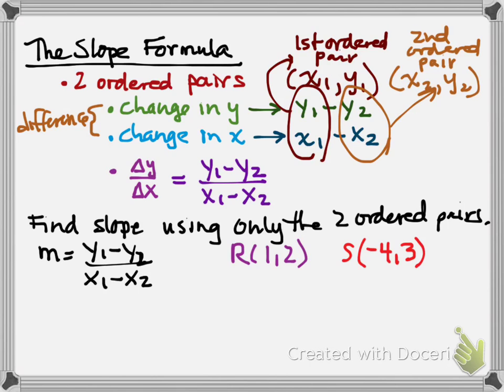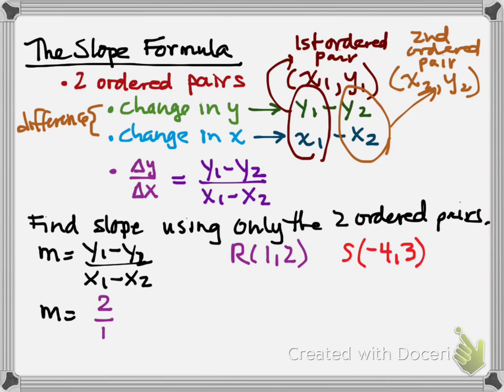So for ours, slope equals our first point, 2 over 1. That's my y on top, my x on the bottom, and they come from the same ordered pair. That ensures what I circled above, y sub 1 over x sub 1.